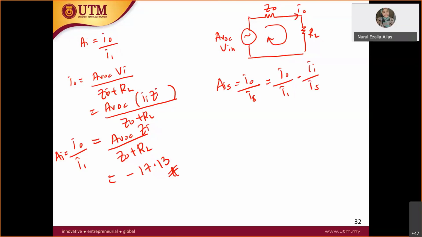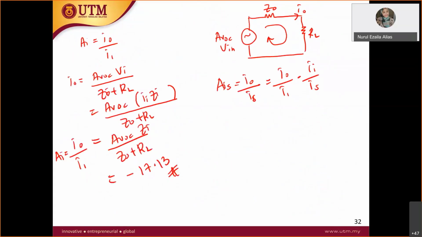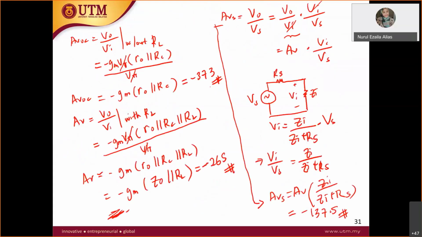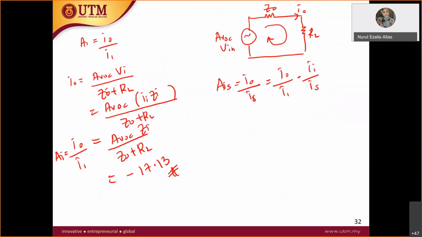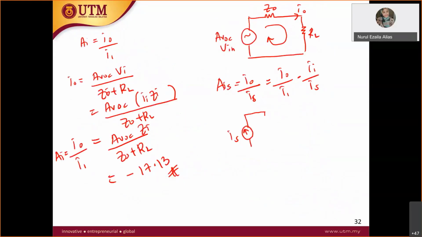From the input loop just now, you have VS, RS, and R in. You can transform this circuit into a current source, so you have something like this. This is your IS, in parallel with RS, instead of VS in series with RS.